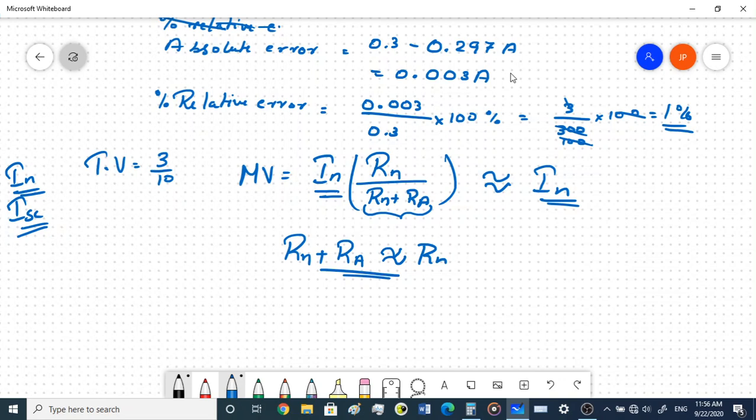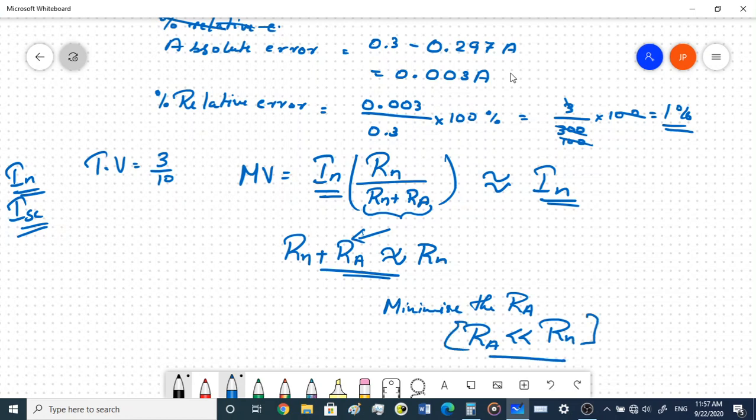For getting this, Rn plus Ra approximately equal to Rn, we'll have to minimize the value of Ra, such as Ra is very much lesser than the Norton equivalent resistance for any circuit. So this is the condition that is required in order to get the minimum possible error for an ammeter.